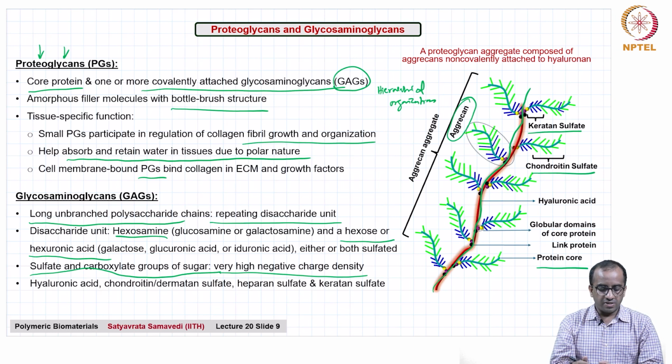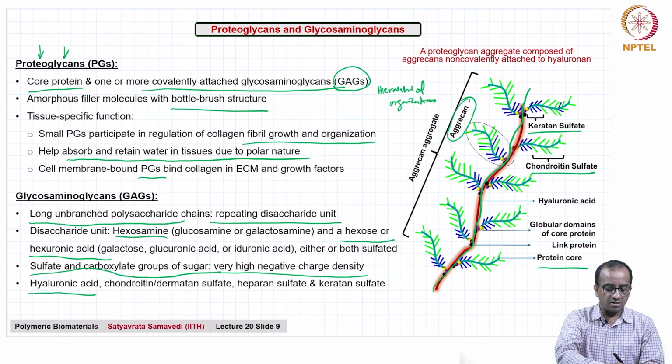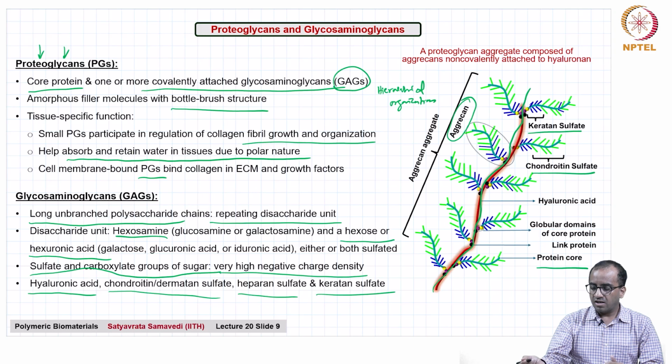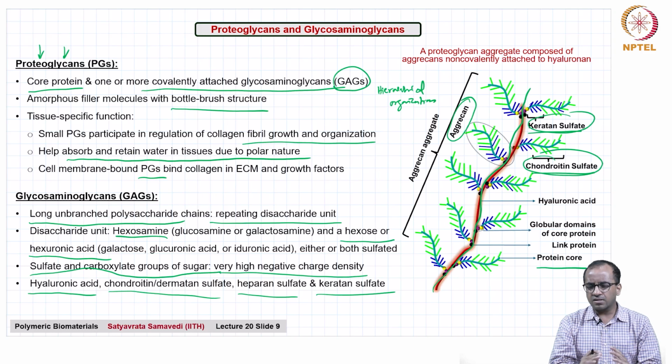Some examples of these are hyaluronic acid, chondroitin or dermatan sulfate, heparan sulfate, and keratan sulfate, and we see here that both keratan sulfate and chondroitin sulfate are involved in Aggrecan. Hyaluronic acid is an exception because it is one of the only GAGs that is not part of a proteoglycan family, which we will see in just a minute.